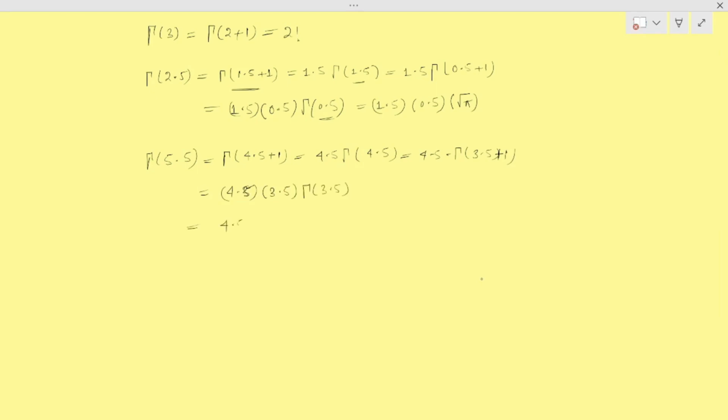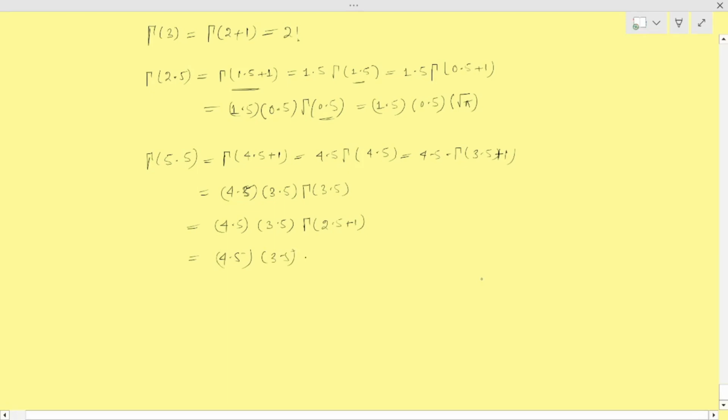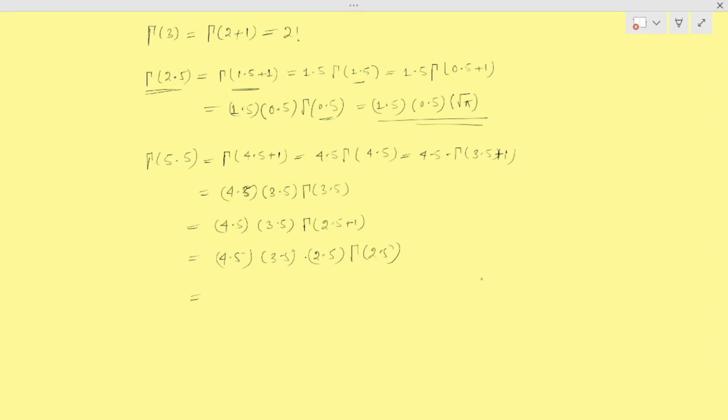Again 3.5 can be written as gamma 2.5 plus 1, so 4.5 into 3.5 into 2.5 into gamma 2.5. The value of gamma 2.5 we have already evaluated, so I can substitute directly: 4.5 into 3.5 into 2.5 into 1.5 into 0.5 into root pi.